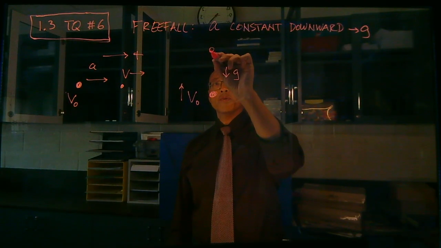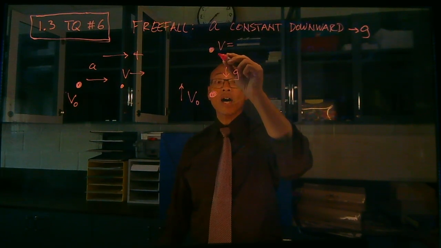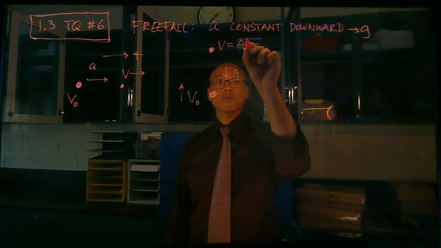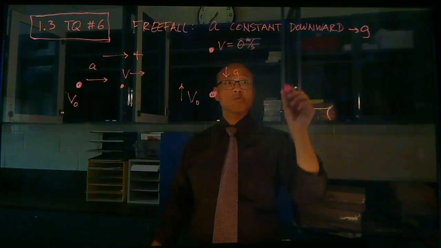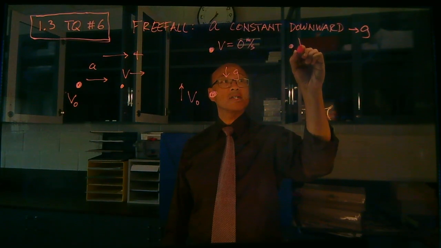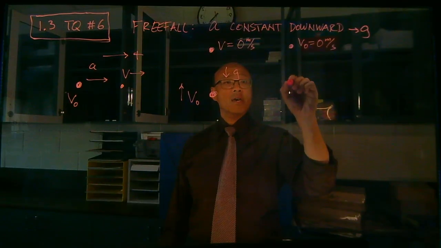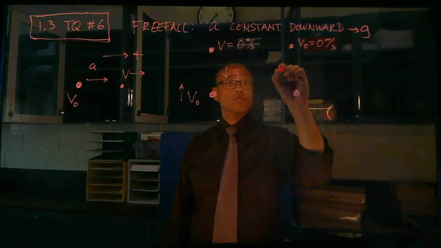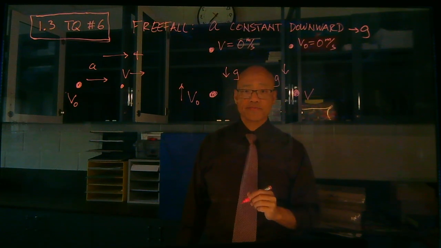That means at some point, at the top, my final velocity is going to be 0. Then I start my downward journey, so now I've got an initial velocity of 0, and I'm going to accelerate downward at g until I hit some velocity.